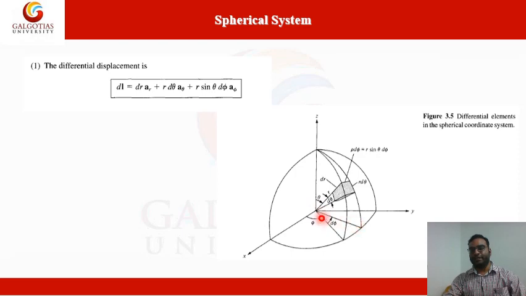This z axis and this d phi make an angle of 90 degrees. So this is r sin theta, like this is r cos theta. So in the spherical coordinate system, with the phi direction, or with d phi, we are taking r sin theta. That's why here is the r sin theta.